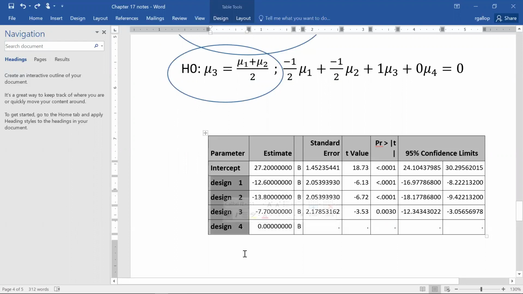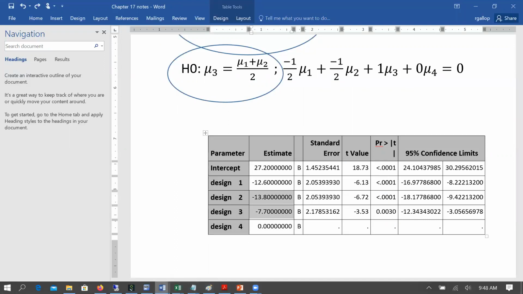So SAS is going to give us 4 corresponding parameters. And the 4 corresponding parameters represent the taus, remember, the cell mean or the factor level model, where the taus represent the deviation for the respective level from the reference cell.